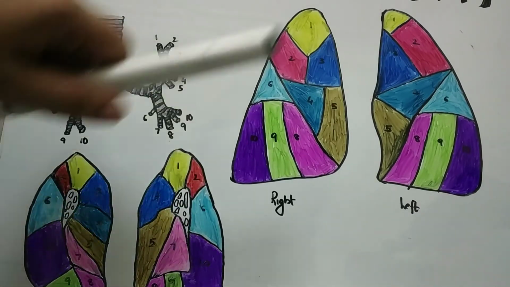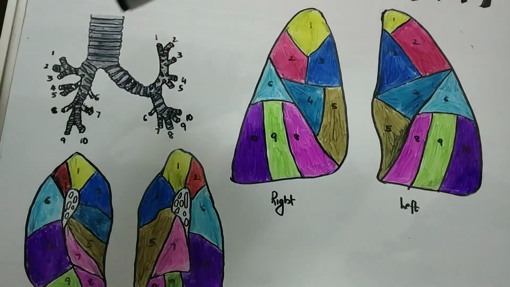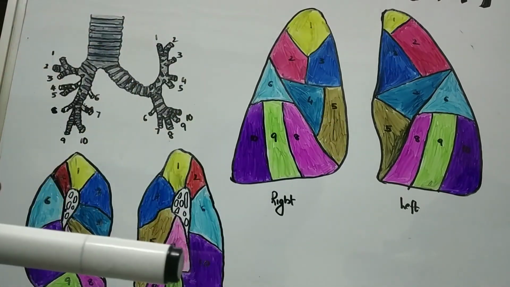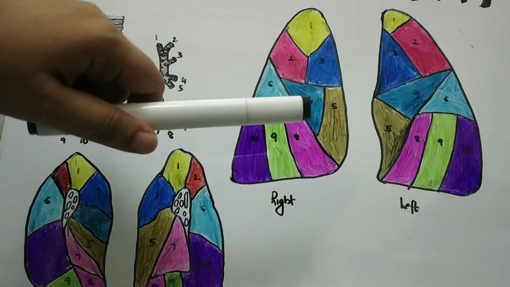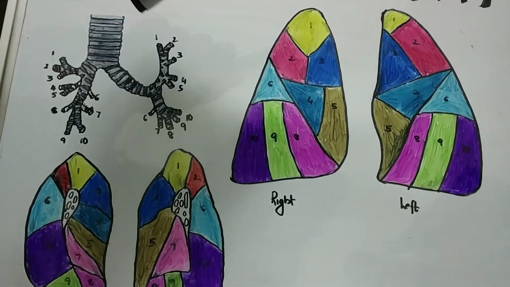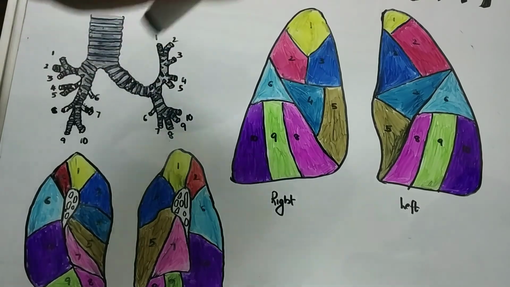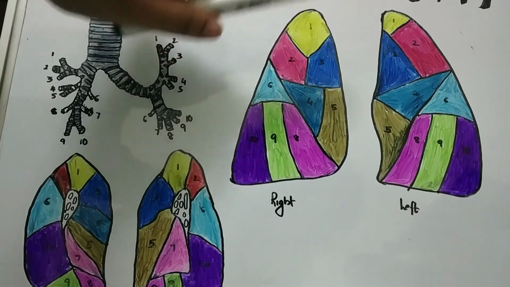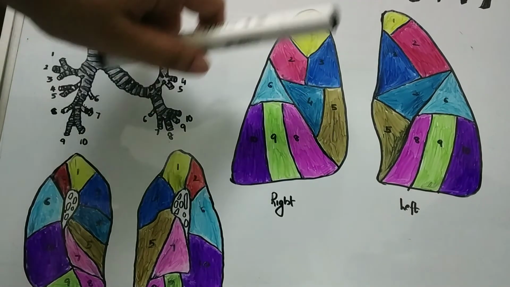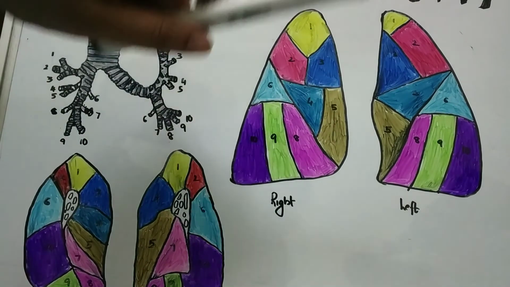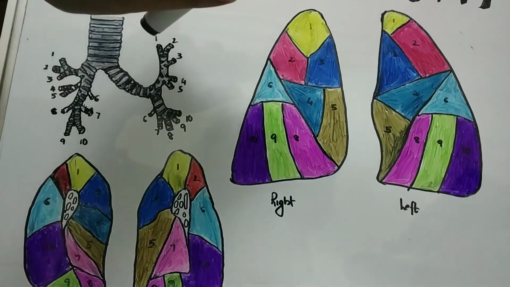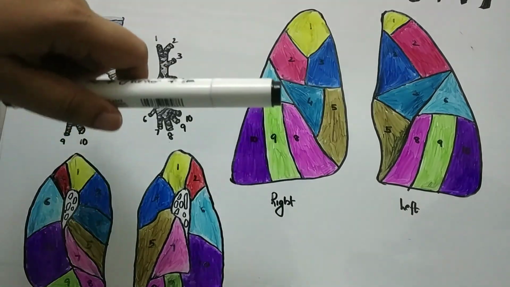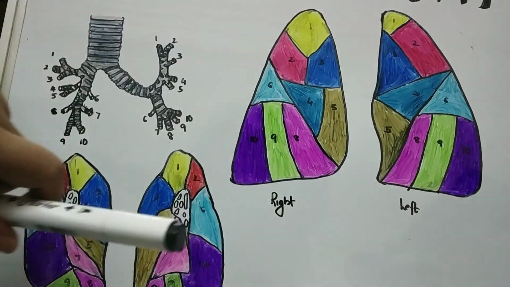Each of these segments has a segmental artery, autonomic nerves and also lymph vessels. And the segmental veins lie in the connective tissue between the adjacent pulmonary units of the bronchopulmonary segments.